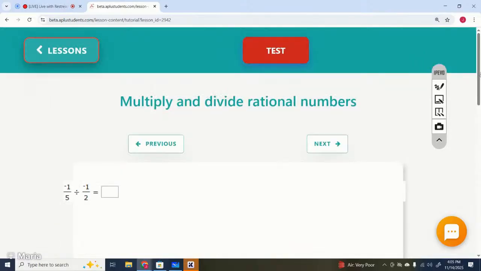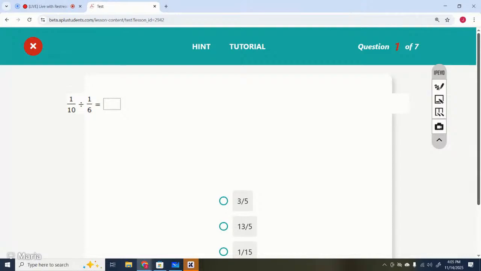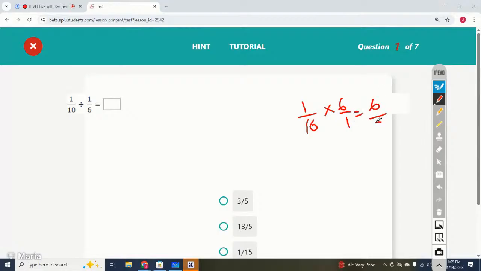Let's just start with the test questions. 1 by 10 divided by 1 by 6. Replace the division sign with multiplication, so that is 1 by 10 multiplied by 6 by 1, the reciprocal of the fraction after. 6 times 1 is 6 and 10 times 1 is 10.